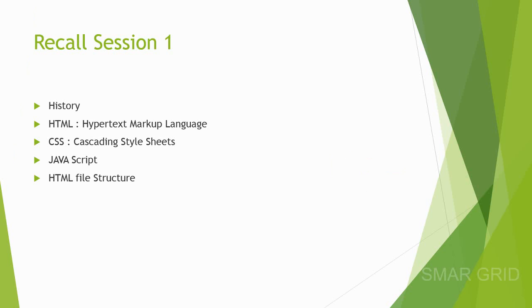Regarding session 1, we have gone through the history of HTML. As we know, HTML means Hypertext Markup Language. We went through the basic structure. We also came to know that we require CSS, Cascading Style Sheets, which we'll be using in HTML.